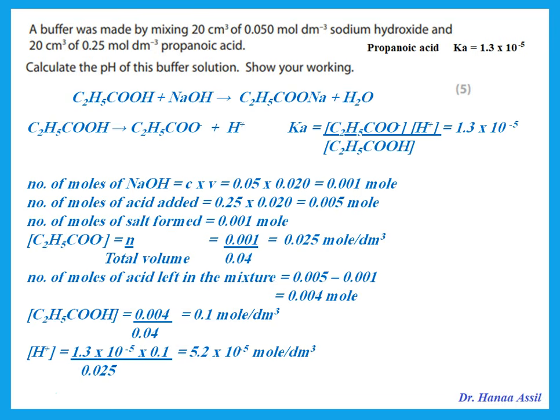So the concentration of H plus ions is the Ka times concentration of acid over the concentration of the propanoate ion, and that means I can get the pH, which is minus log of the concentration, so that comes out to be 4.3.